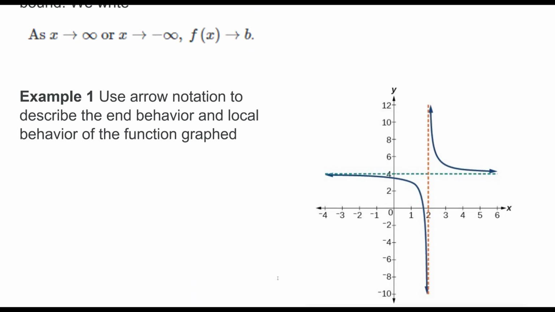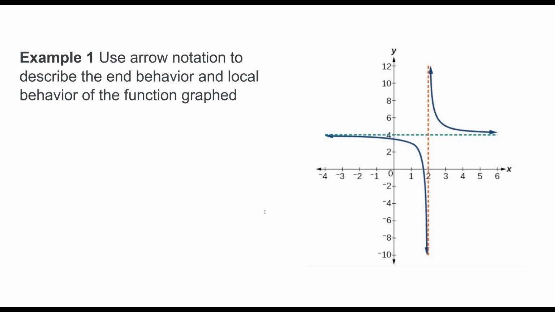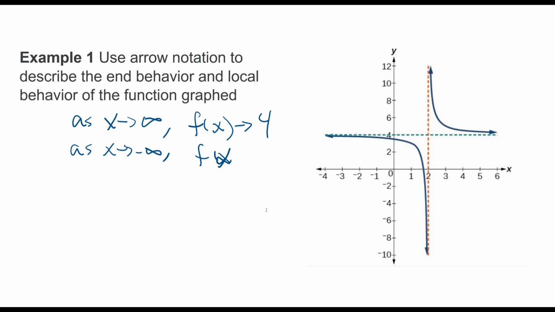Use arrow notation to describe the end behavior and local behavior of the function. End behavior means as x gets big. As x goes to infinity, f of x approaches 4. As x goes to negative infinity, f of x also approaches 4.